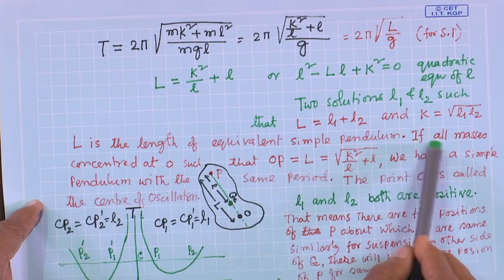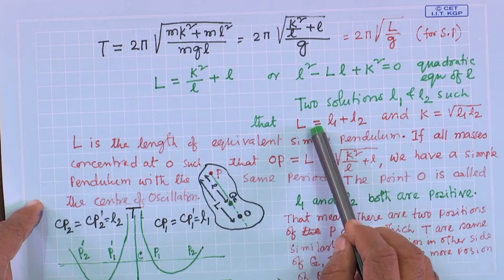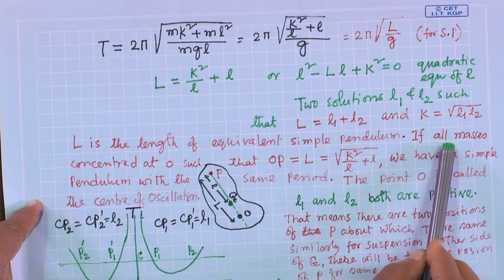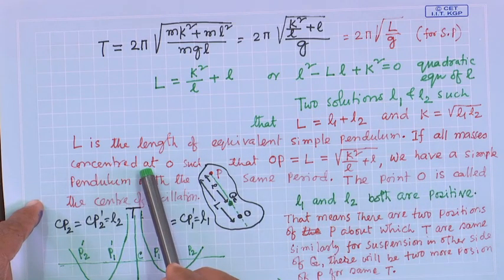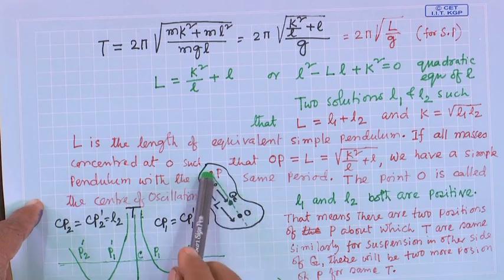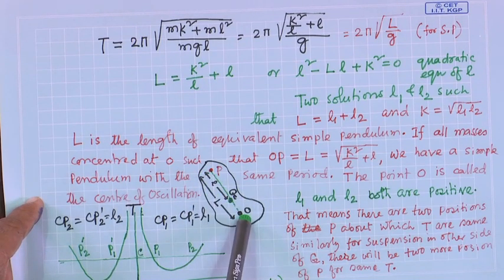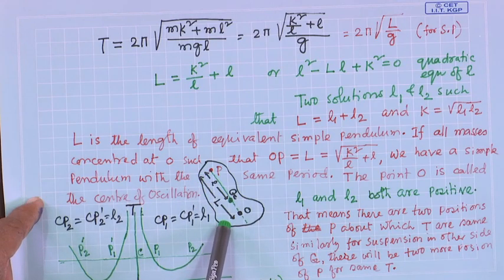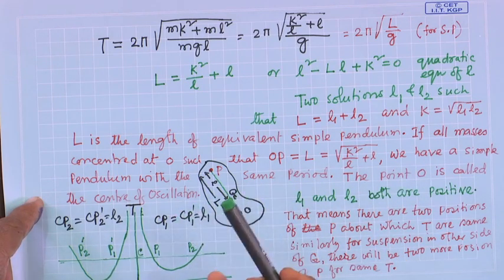What is the meaning of the length of the equivalent simple pendulum? It means that if all the mass is centered at a particular point O, at a distance capital L from the point of suspension P, then this will be equivalent to a simple pendulum.